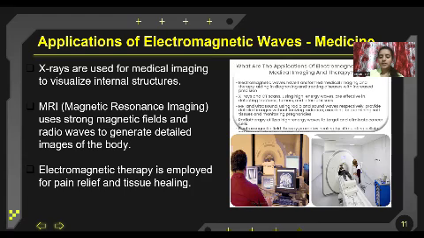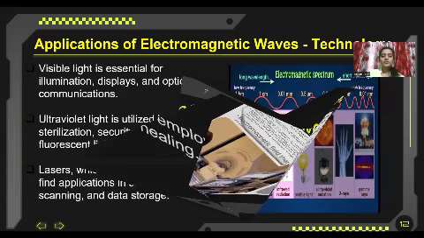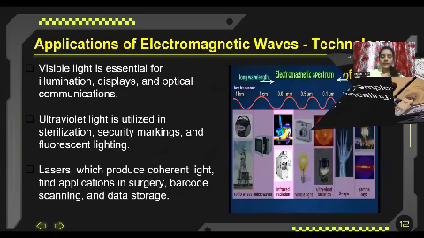MRI and ultrasound use radio and sound waves respectively in order to provide detailed images without ionizing radiation, and are excellent for examining soft tissues and also monitoring pregnancies without harm to the babies. Radiotherapy utilizes high energy waves in order to target and eliminate cancer cells and so on.